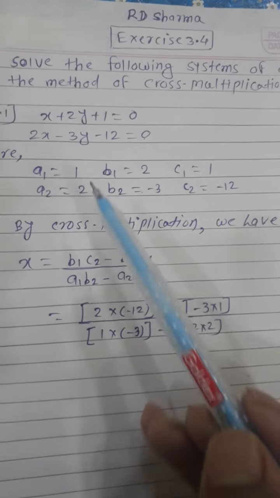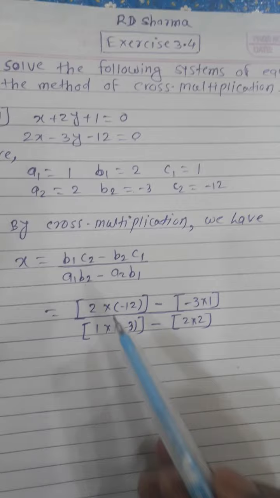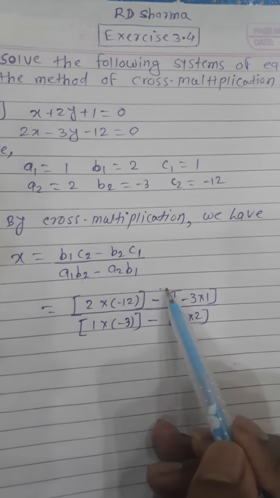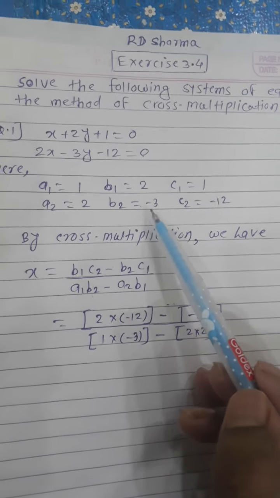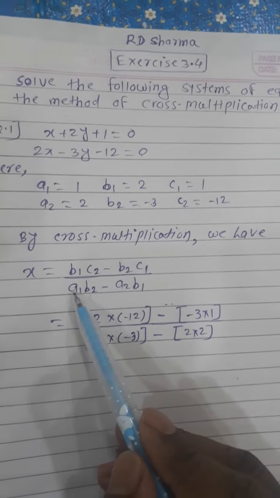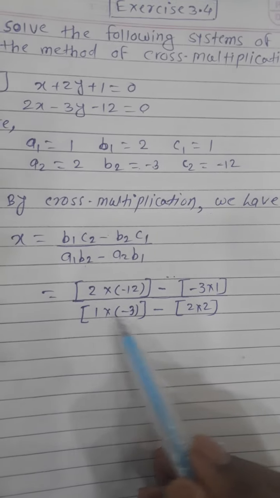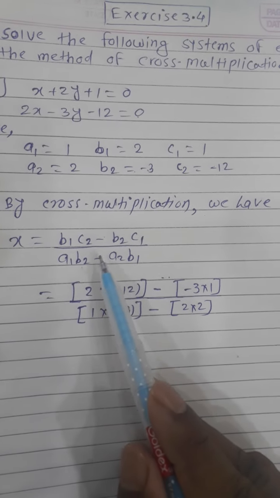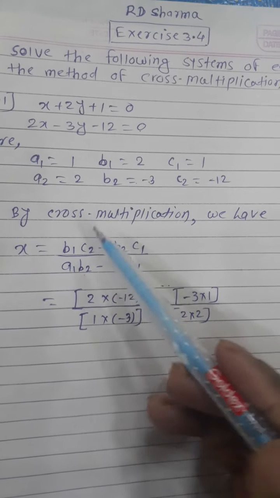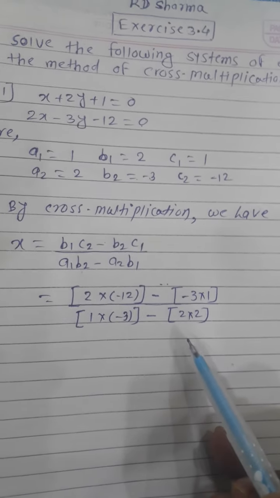Here b1 equal to 2, c2 equal to minus 12, so 2 into minus 12, this minus sign as it is, b2 is equal to minus 3, c1 is equal to 1, so minus 3 into 1, divided by a1 b2, 1 into minus 3, this minus sign as it is, a2 b1, that is 2 into 2.